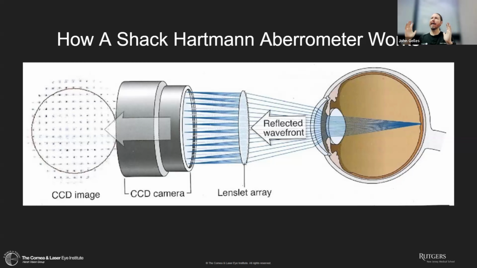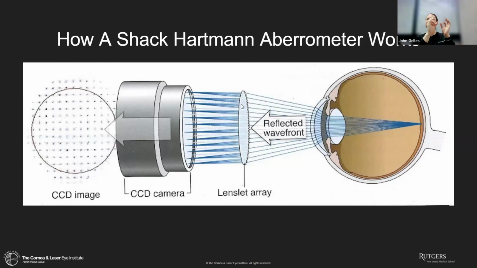So imagine the eye as an optical system. What we have are the front of the cornea, the back of the cornea, the front of the lens, the back of the lens. All of these are the optical structures of the eye. So we're watching how that light that is projected into the eye reflects back out through all of those structures. That reflected wavefront then hits a micro lenslet array.